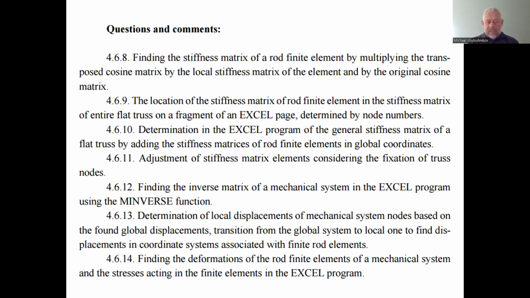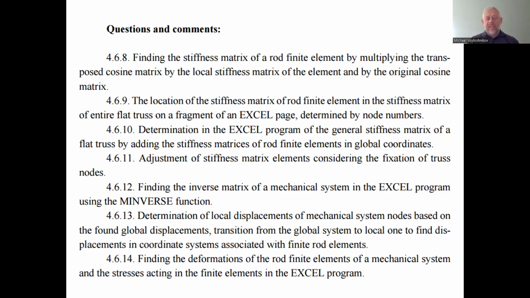After that, having the stiffness matrices of each finite element in the global coordinate system, we have to select and copy the magnitudes of the stiffnesses of the elements of the stiffness matrix of each finite element, and paste them into the places in the template available for the definite node, which correspond to the elements of the stiffness matrix we got in the global coordinate system.